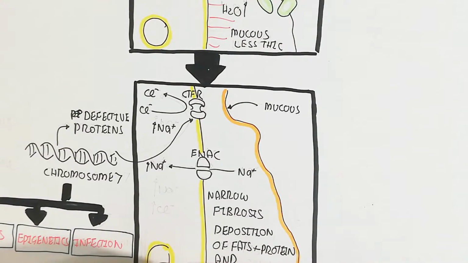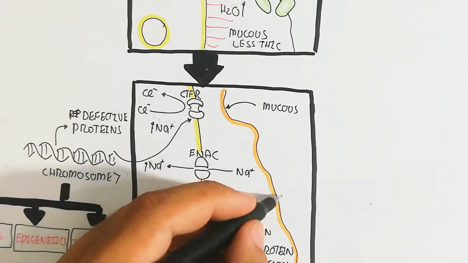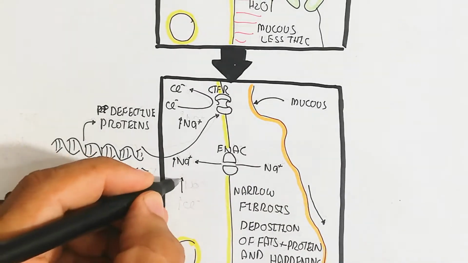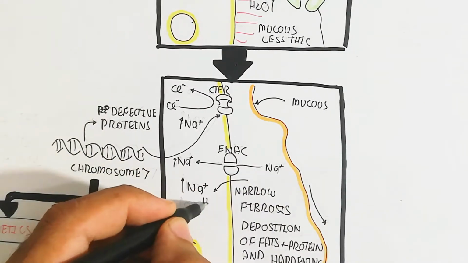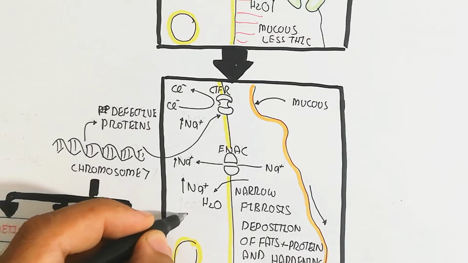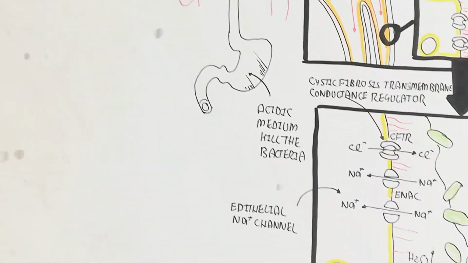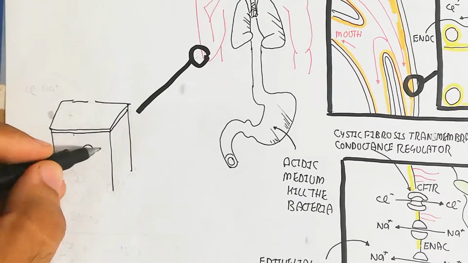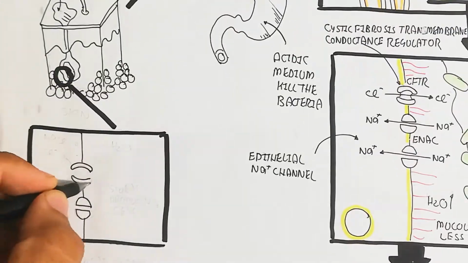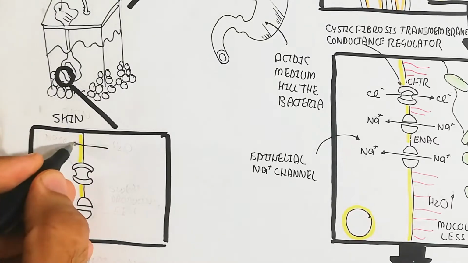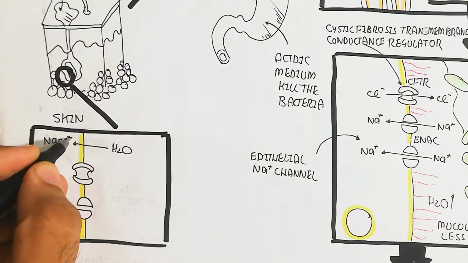The deposition of fat and protein hardens the mucous membrane. The hardened mucous membrane ruptures the cilia, and with fewer cilia, sweeping out the bacteria from the mucus is impossible. In this way, the bacterial infection leads to different complications.